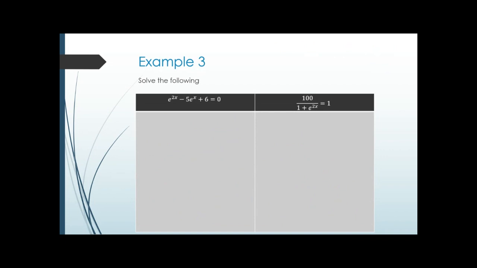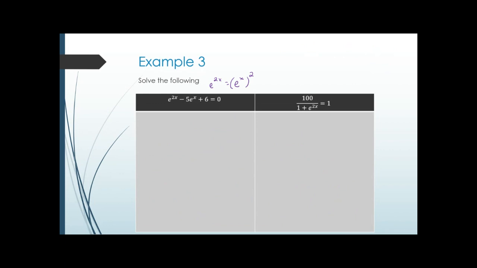Now, I'm getting a little more complicated here. There is an example like this first one in the text, but I figured it might be easier if I explain it. So, we have e to the 2x minus 5e to the x plus 6 equals 0. So e to the 2x is the same as e to the x squared because we multiply those exponents.